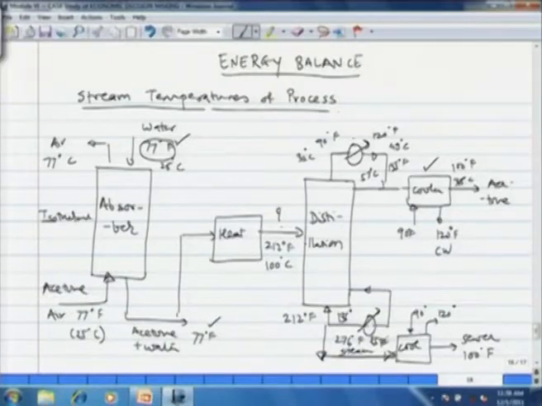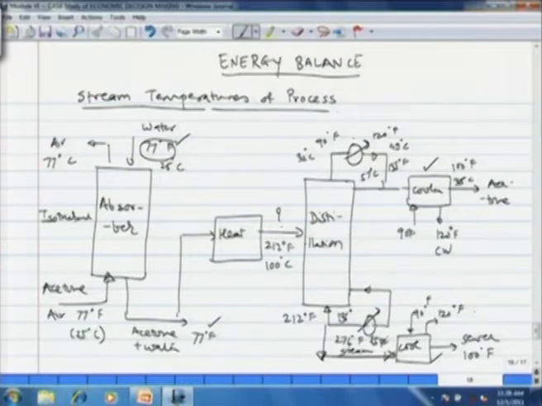But before we send it to the effluent treatment plant and later to sewer, we have to cool that particular water. Once again, we have a heat exchanger here, cooler, and that uses cooling water as the utility, going in at 90 degrees Fahrenheit, coming out at 120 degrees Fahrenheit.